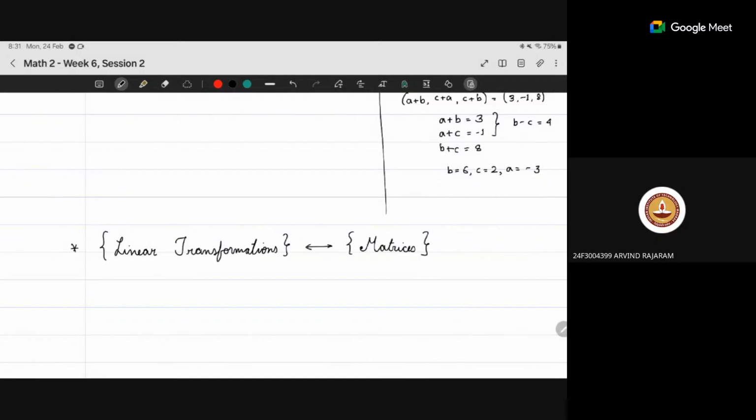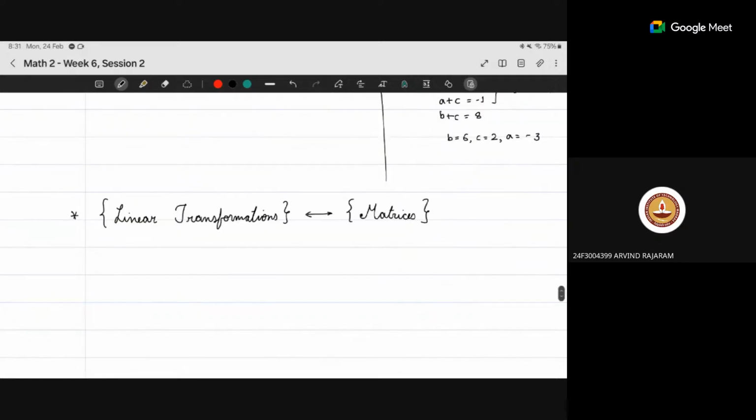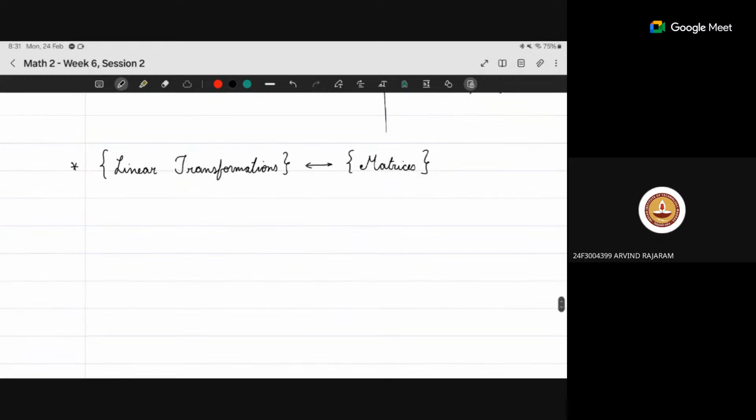And given a matrix, I can get a linear transformation. How do I do that? If you have a matrix, then matrix multiplication is a linear transformation. So these two are in one-to-one correspondence with each other. Not a major point, but just something to remember. And now we go back to linear isomorphisms.